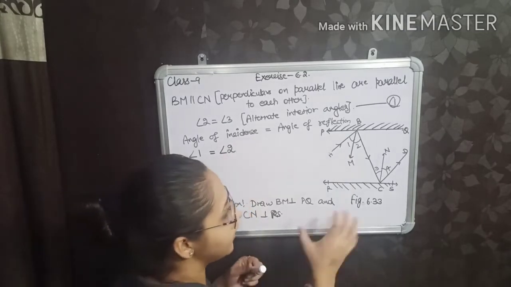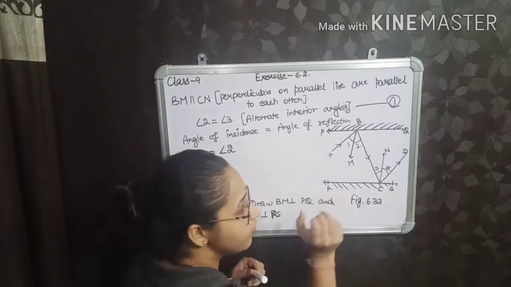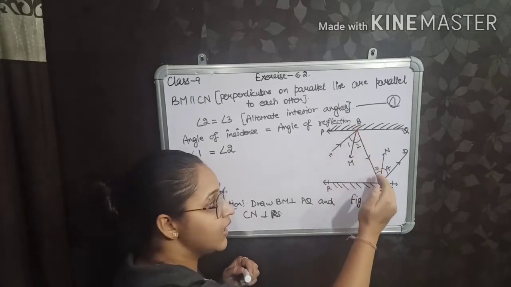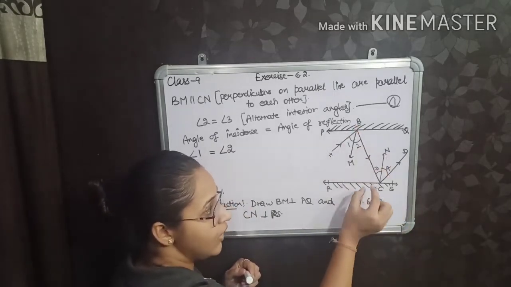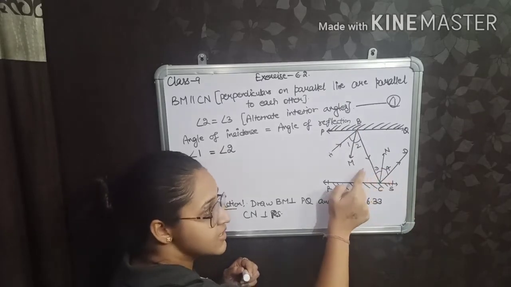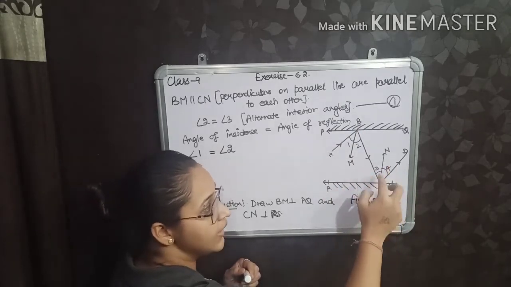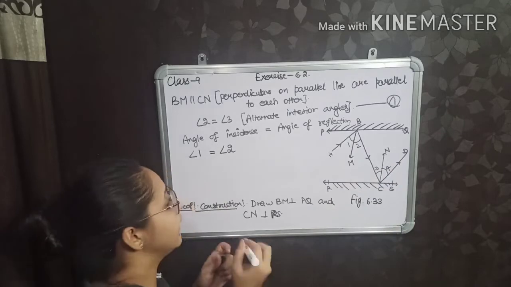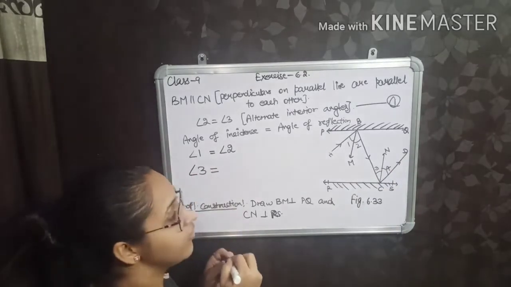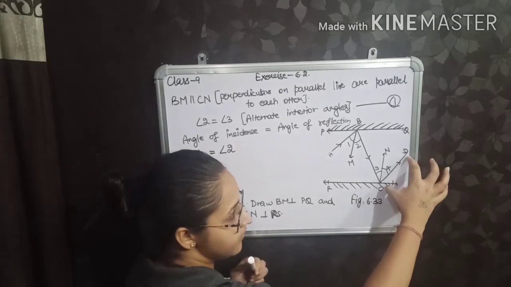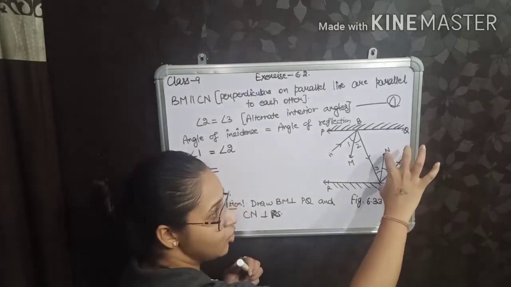Similarly, for mirror RS, the incident ray is BC and the normal is CN. So the angle between the incident ray and the normal line is angle 3. So angle 3 is the incident angle. Now CD is the reflected ray and CN is the normal line.